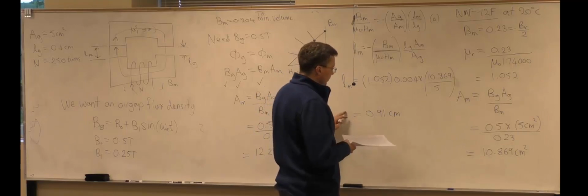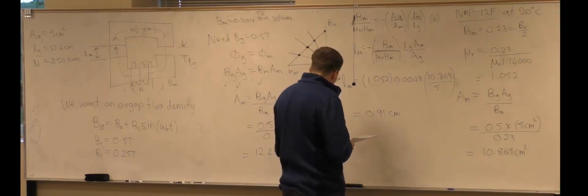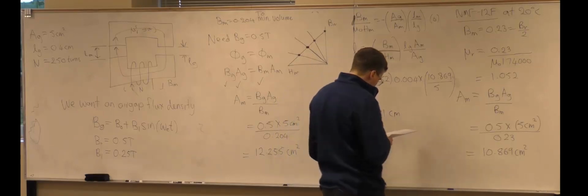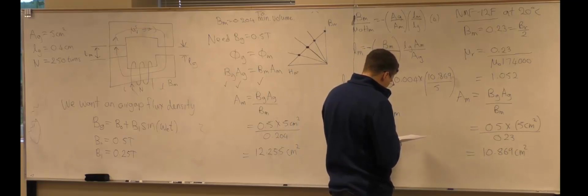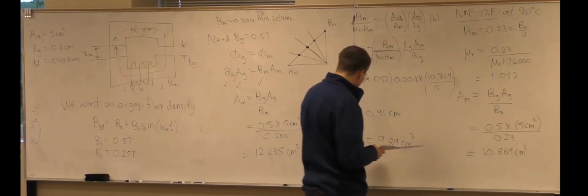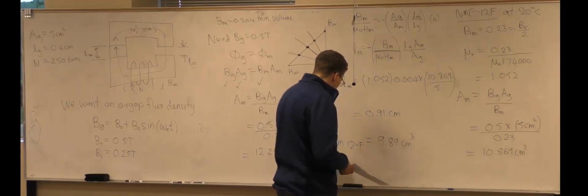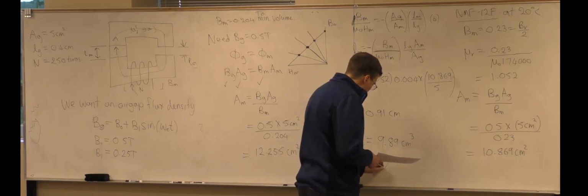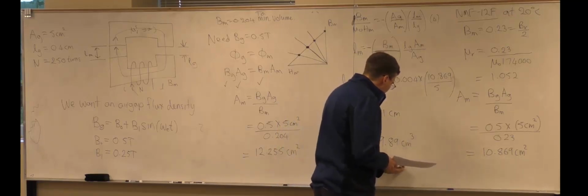but because that length is smaller, the total volume for the 12F grade ferromagnet is 9.89 centimeters cubed. And compare that to the 3 grade, which was 12.99.